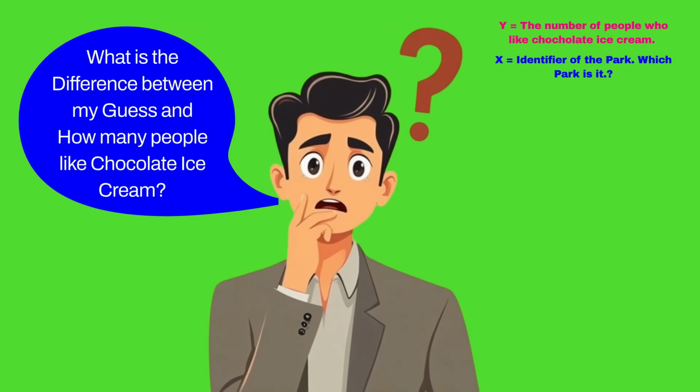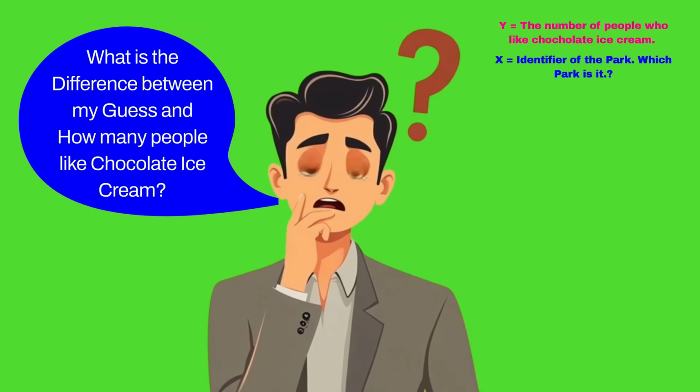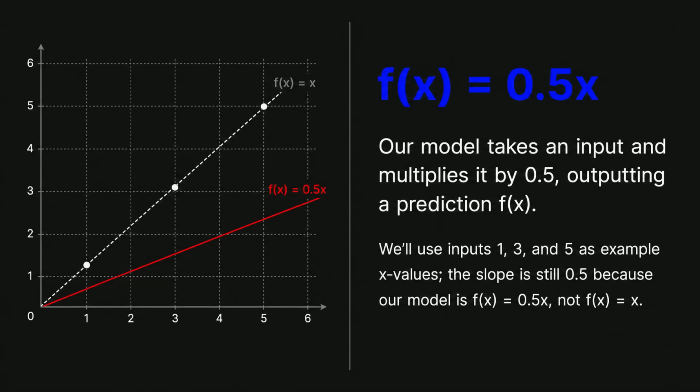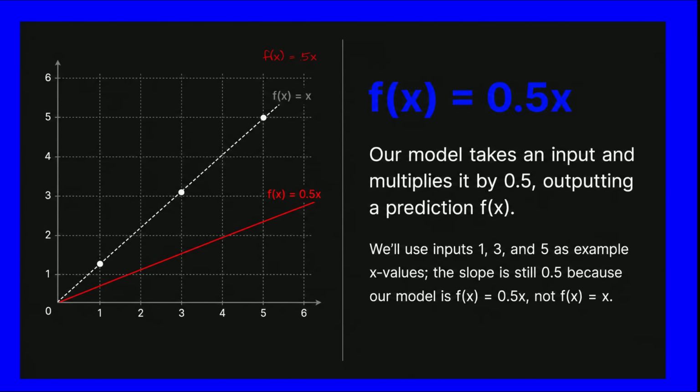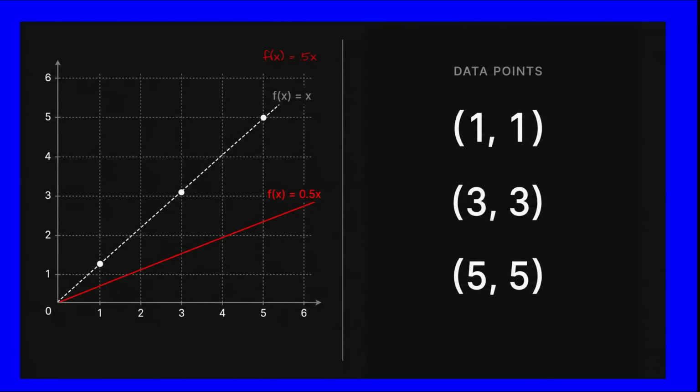Now we want to find out what's the difference between the slope that I predicted and what I actually got. On the screen, you'll see the line f(x) = 0.5x and a table of points. On the left, we have a red line, our model, f(x) = 0.5x. On the right, we have 3 data points.